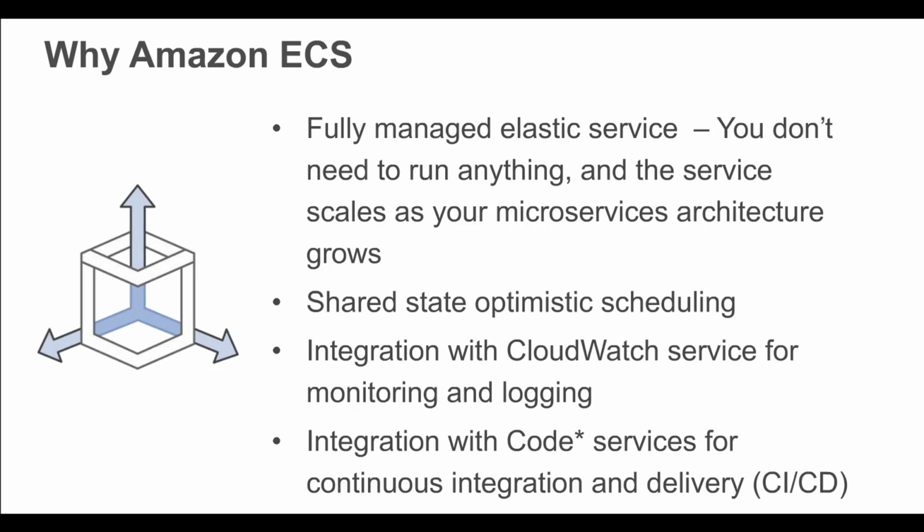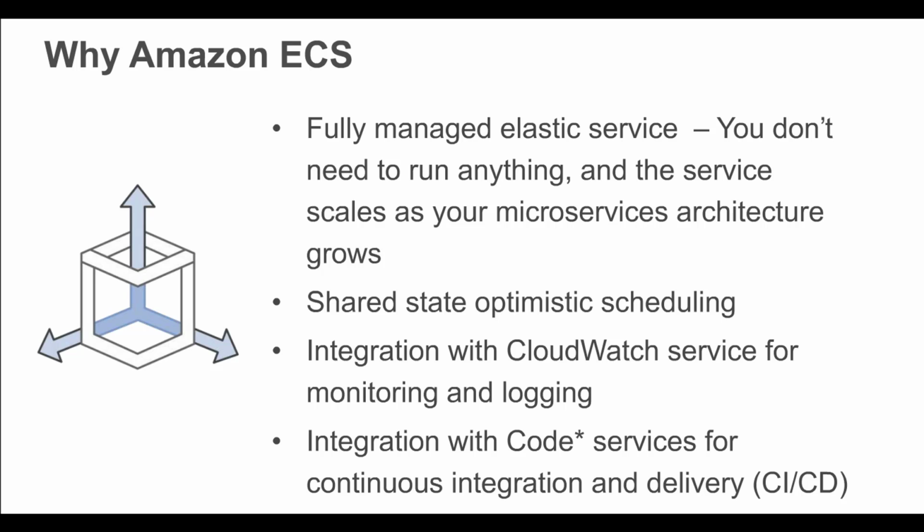Running one microservice is easy. With the advent of Docker and containers, I can open up my laptop and run these services. But running thousands of these microservices or containers is hard, and that's where the cluster management piece comes in. Amazon ECS is a fully managed, elastic service.